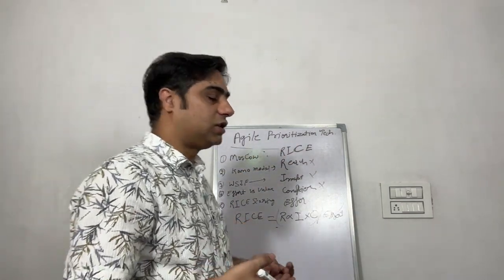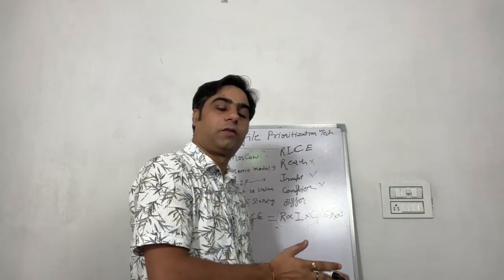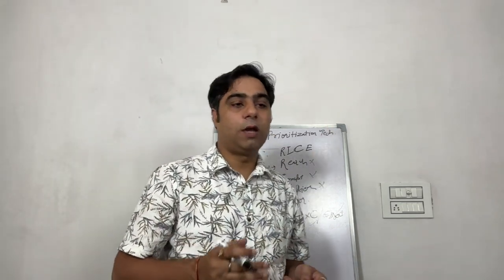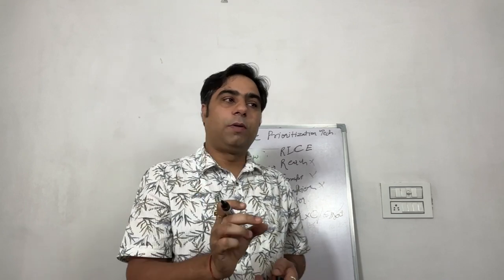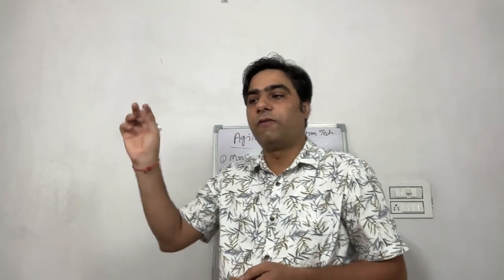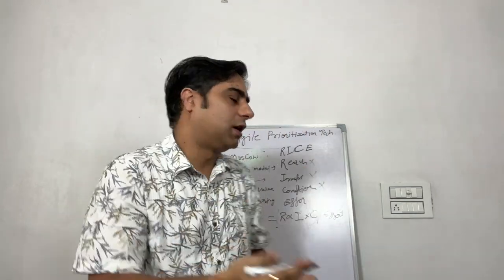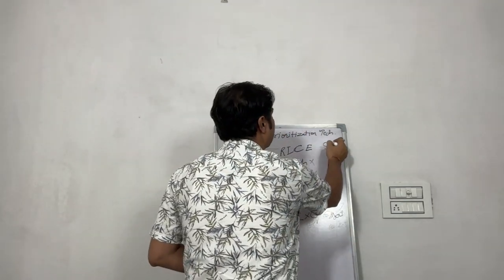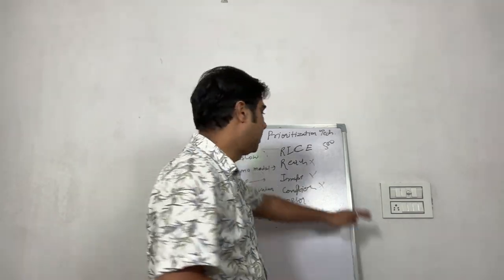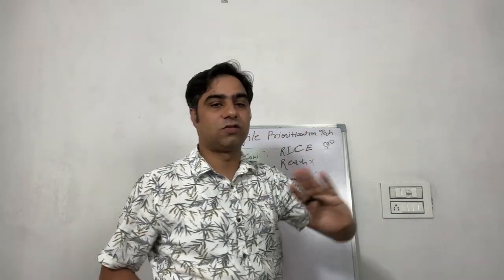What is the reach for your customer for that particular feature in a given time period? Let's suppose you say this feature we are building, our customers are going to use in 1 month. Let's suppose 500 customers are going to use this particular feature in a month. Then definitely you can say that this is the reach of the customer.